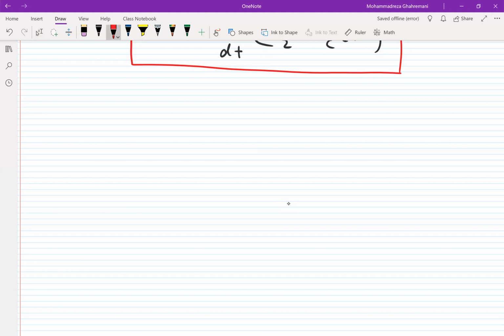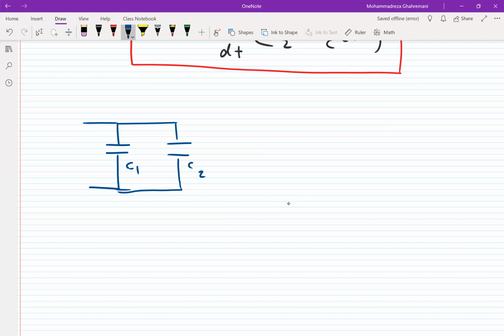Let's assume we have n capacitors connected in parallel. So here we have C1, C2, up to Cn.